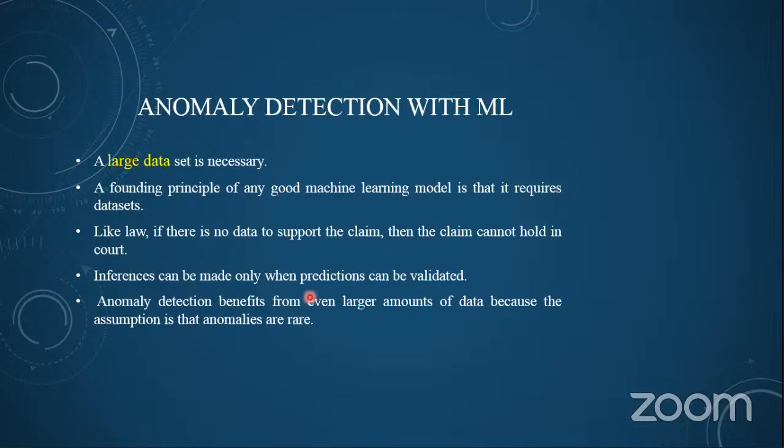Anomaly is present in every data set, but it is not intended for our needs. If we train with that whole data, our machine learning model will not predict the actual value. So we need to clean the data again so that the predictions or inferences made can be validated.